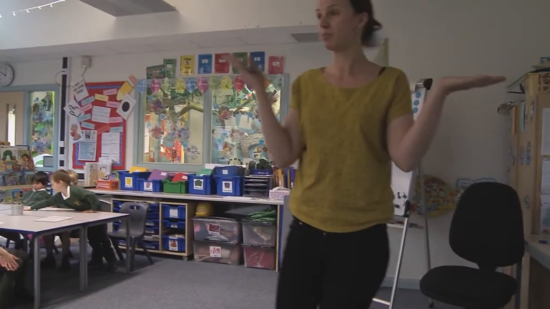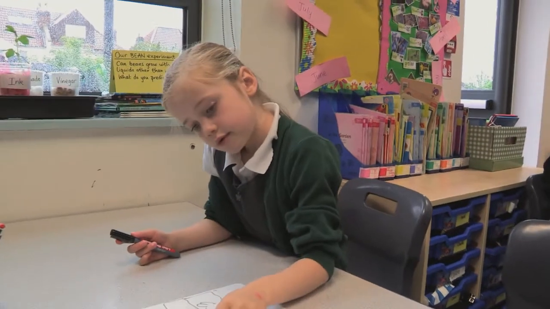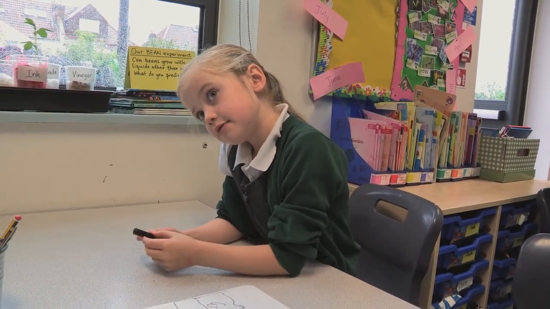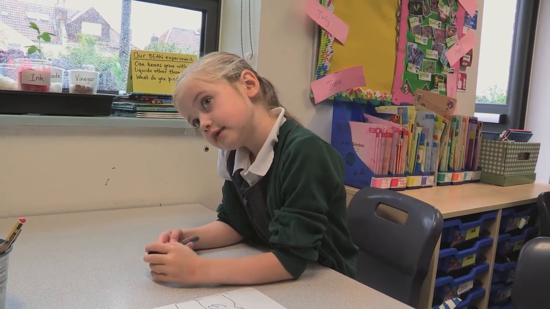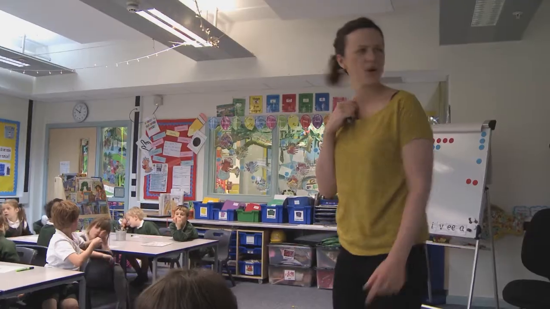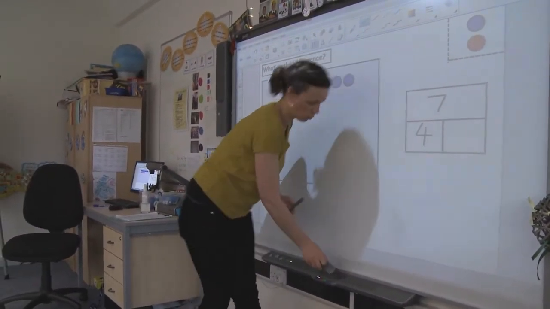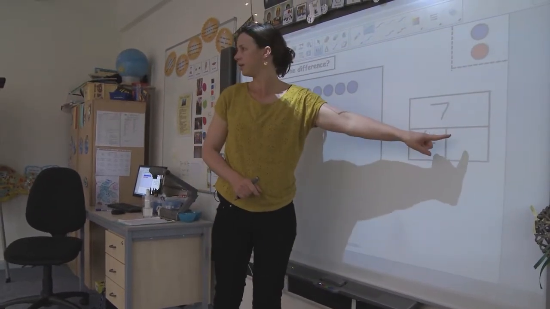Chloe, what's the difference between 7 and 4 and how could I work it out? Because you could see there was 3 more that didn't have a red token underneath it. Fantastic. I could just see by looking at it. Who can tell me how we would know, even without the counters? How would you know what number goes in here?